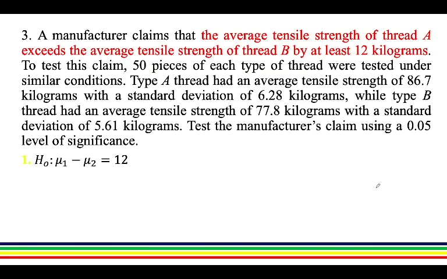Let's start off with the H0, and that is mu1 minus mu2 is equivalent to 12, while our H1 is mu1 minus mu2 is greater than or equal to 12. And since it uses greater than or equal and not equal, this is a one-tailed test.